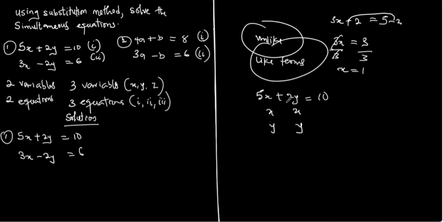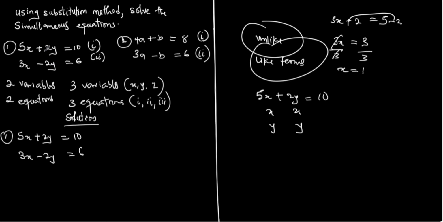Now, what do I do? In any of the equations, either in equation 1 or in equation 2, let's find a value for any of the variables, making one of the variables subject of formula.